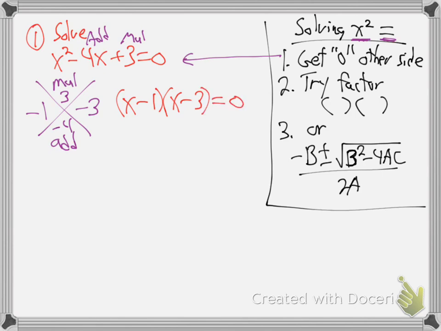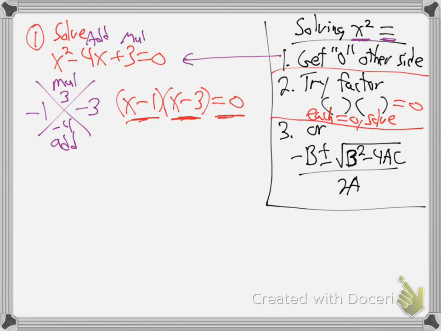So remember what you do from there. Try to factor, set each equal to 0, solve. Step 2 is try to factor, set each one equal to 0 and solve. Because if two things are multiplying to equal 0, either one could be 0, right?